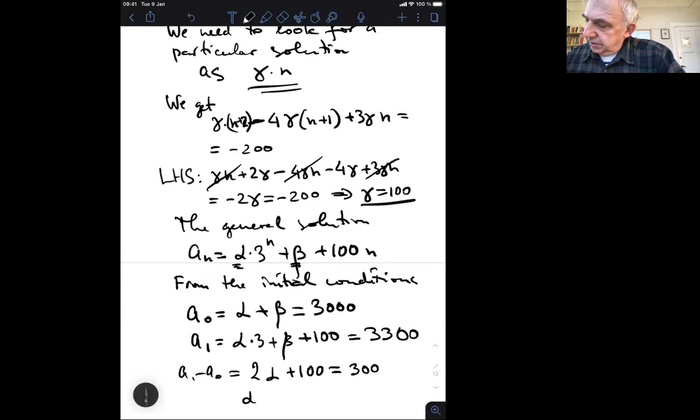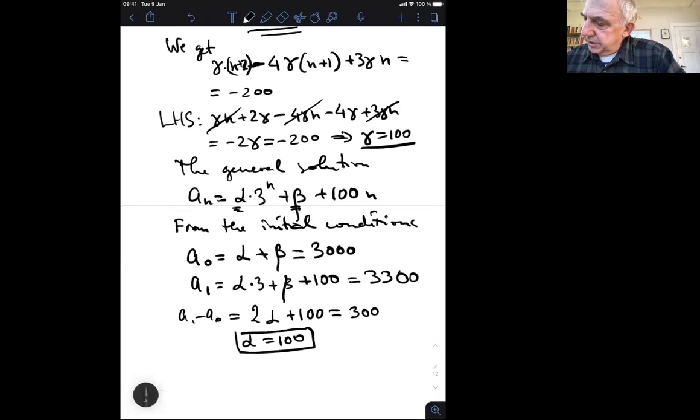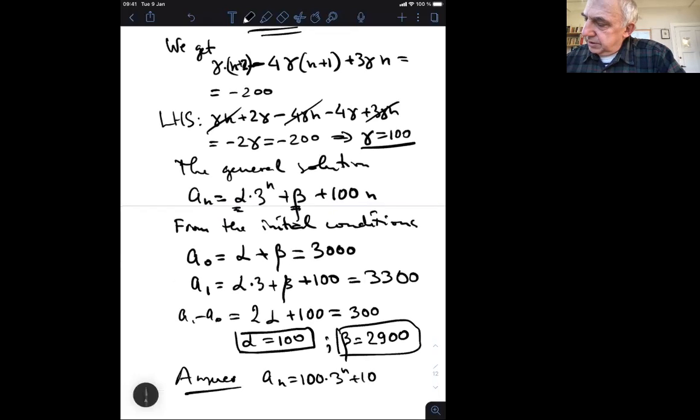So alpha equals 100, good. And then alpha plus beta equals 3000, so beta equals 2900. So our final answer is a_n equals 100 times 3 to the power n plus 100 times n plus 2900.